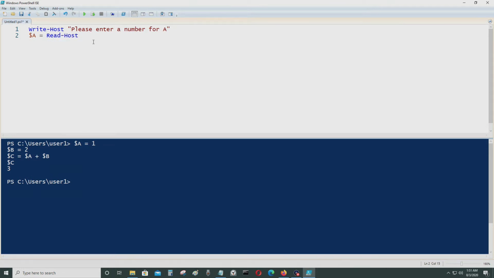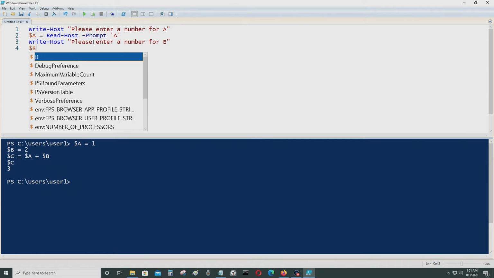Let's read host, prompt for A, and write host, "Please enter a number for B."